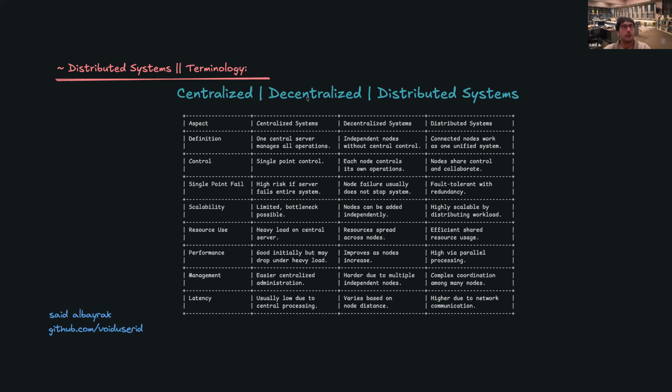So this is a terminology breakdown. If you have distributed systems, what is the opposite of distributed systems, right? We have centralized, we have decentralized, and we have distributed systems. We are not going too deep on this, but the basic idea of centralized systems is that one central server manages all the operations.